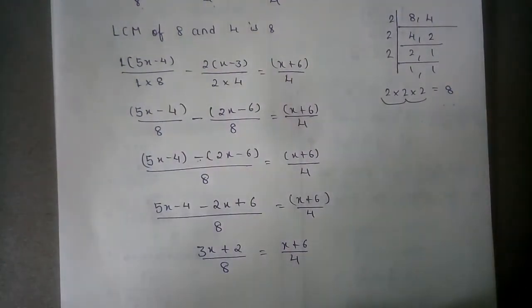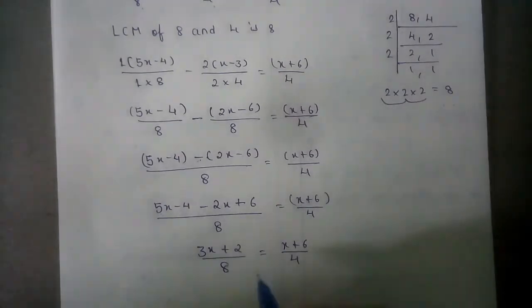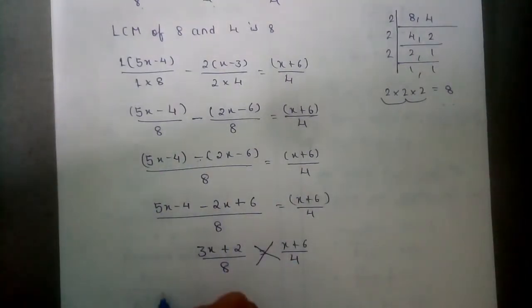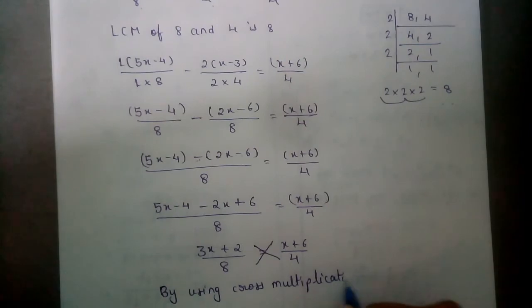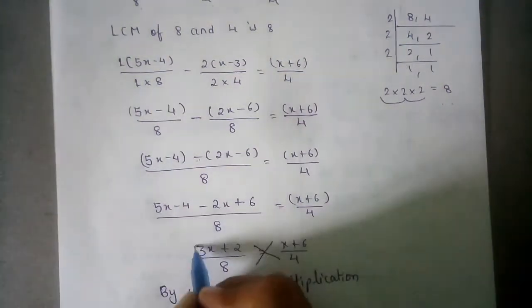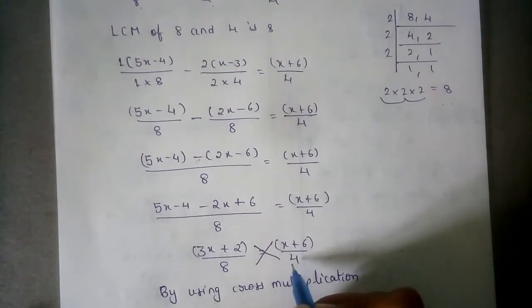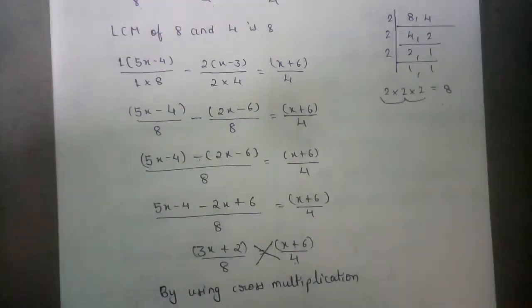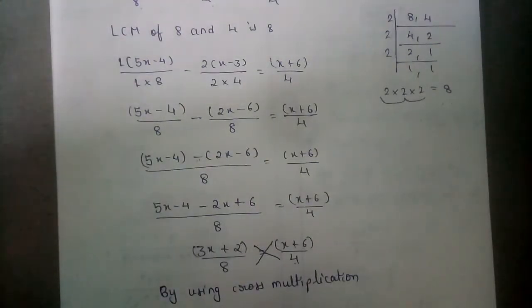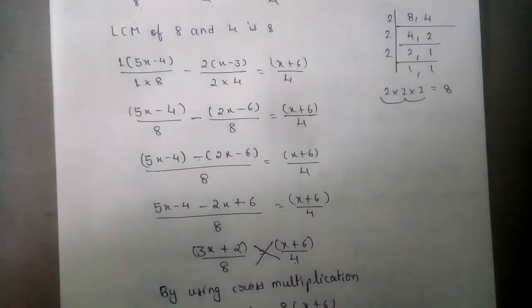Now to simplify again, here we will apply the cross multiplication method. To perform the cross multiplication method, here we will multiply this (3x plus 2) with 4 and (x plus 6) with 8. So we will write it as 4 into (3x plus 2) equals 8 into (x plus 6).